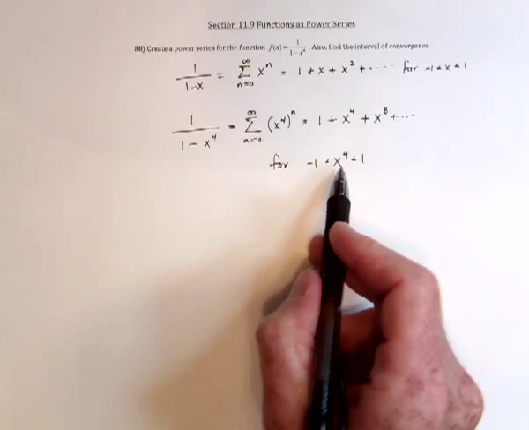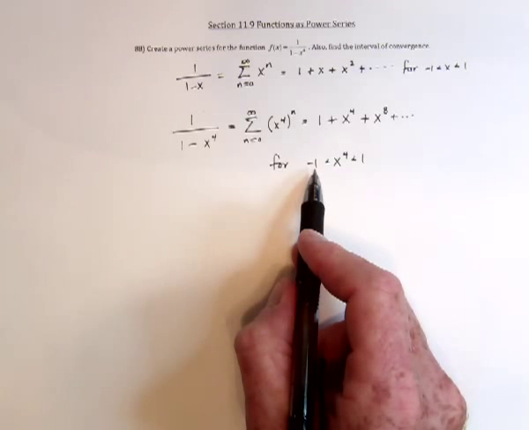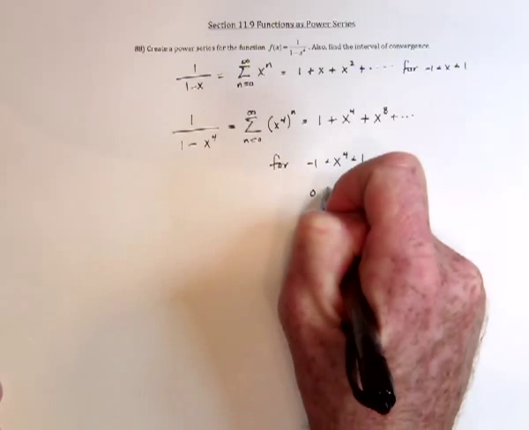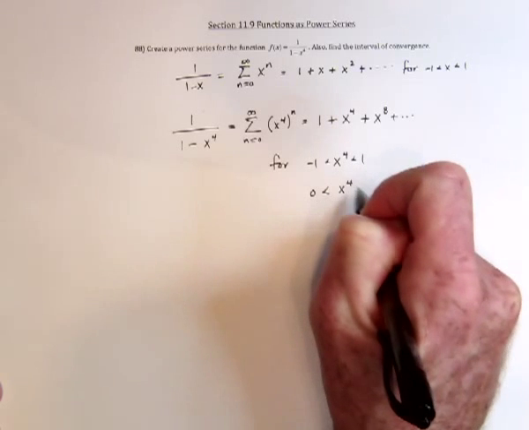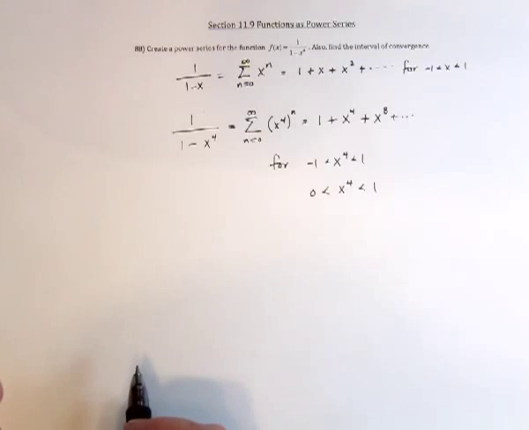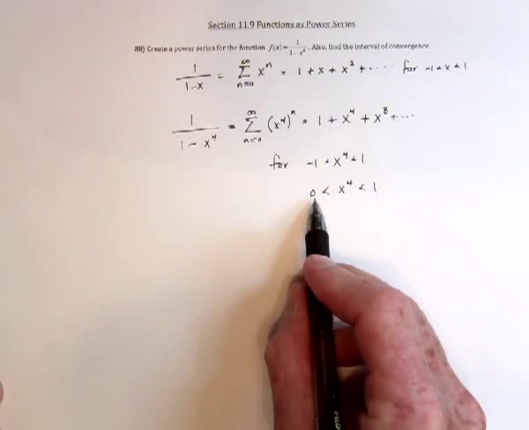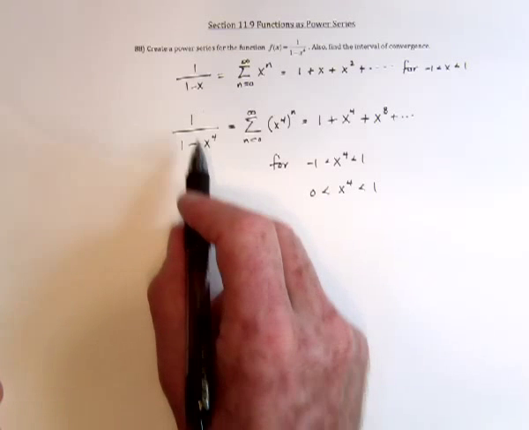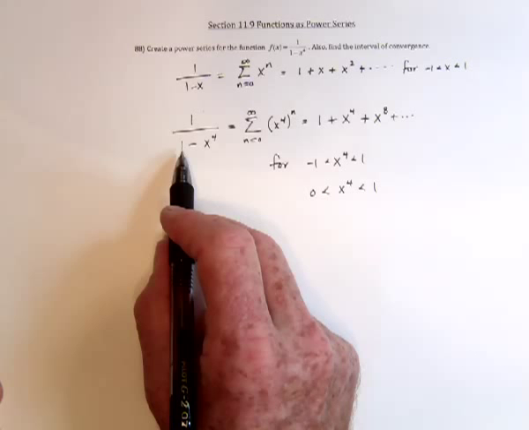Well, x to the fourth equal to -1 would require imaginary numbers, so we don't have that. So instead we would need to restrict it to this, so that it's positive. How about if it equals 0? Would that work? If it equals 0, this would say 1 over 1.